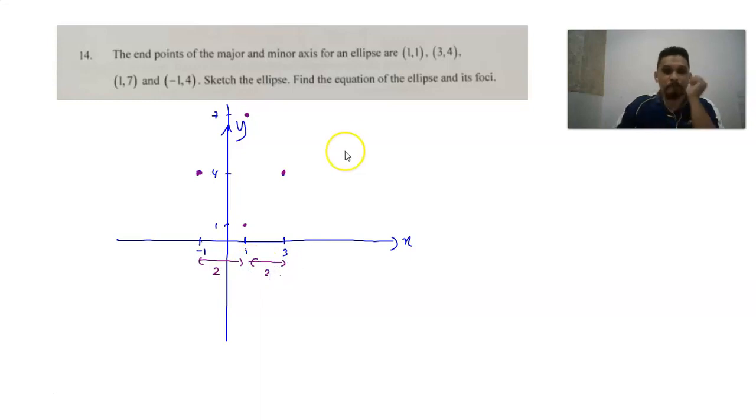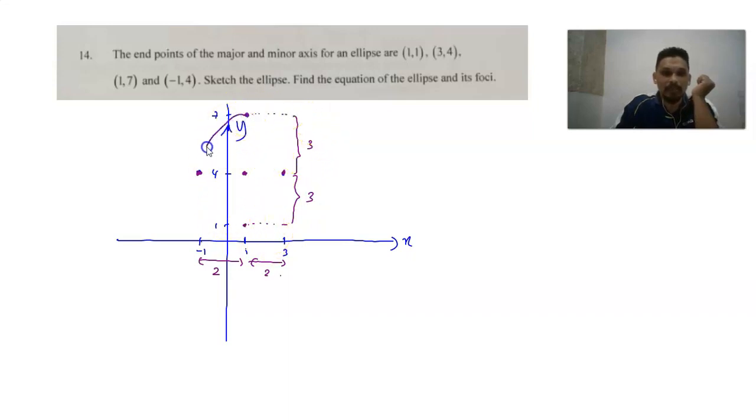Now from 7 to 4, this is the center here. The distance from 7 to 4 is 3, and 4 to 1 is also 3, meaning it's a measure for y.